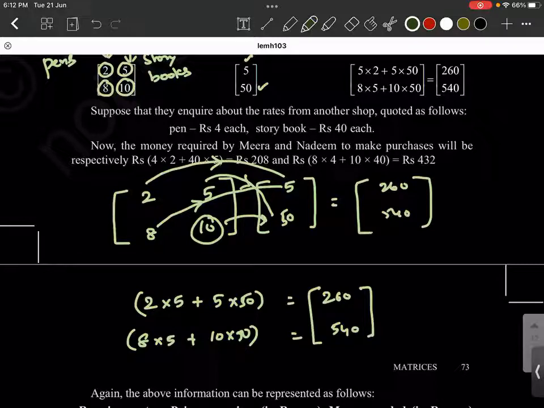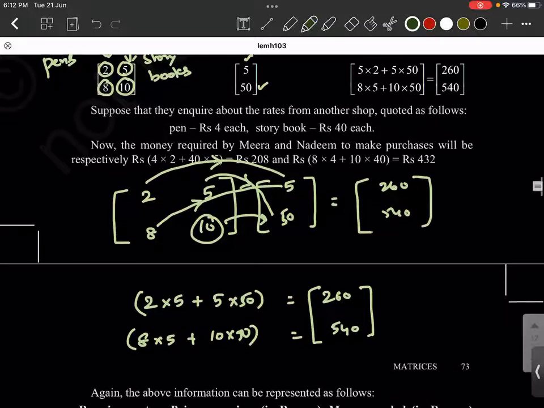If you need to do matrix multiplication, the first point to note is the order of the first matrix. You have a 2 cross 2 matrix, and the other one is 2 cross 1.